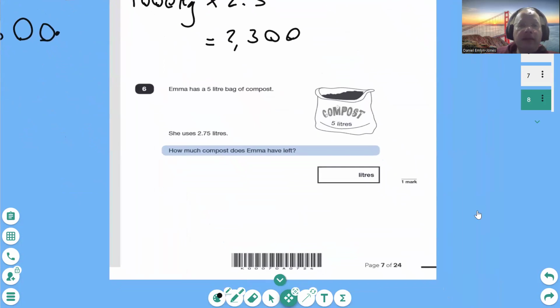Emma has a 5-litre bag of compost. Good for her. She uses 2.75 litres. How much compost does Emma have left? Well, we've got to take the 5 litres, and here it's important. Where is the decimal point in 5? Can we see a decimal point? No, we can't.